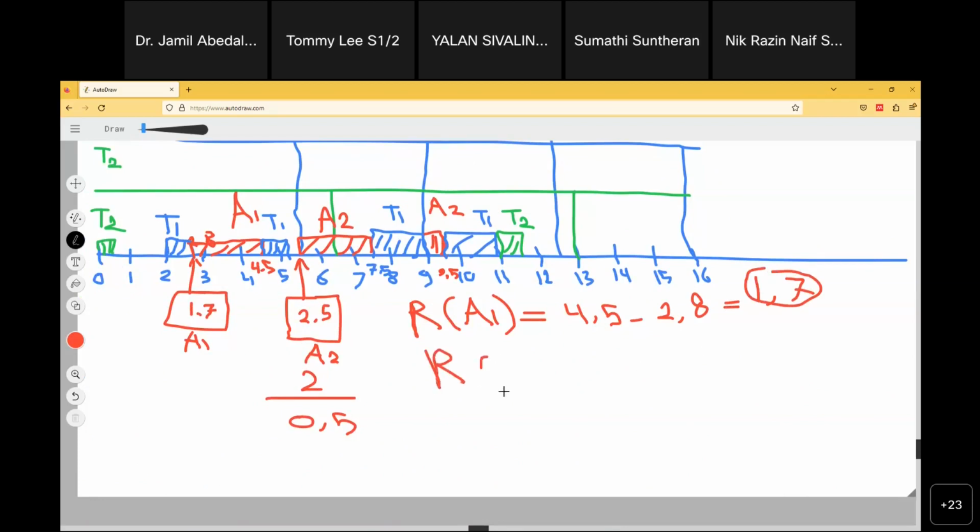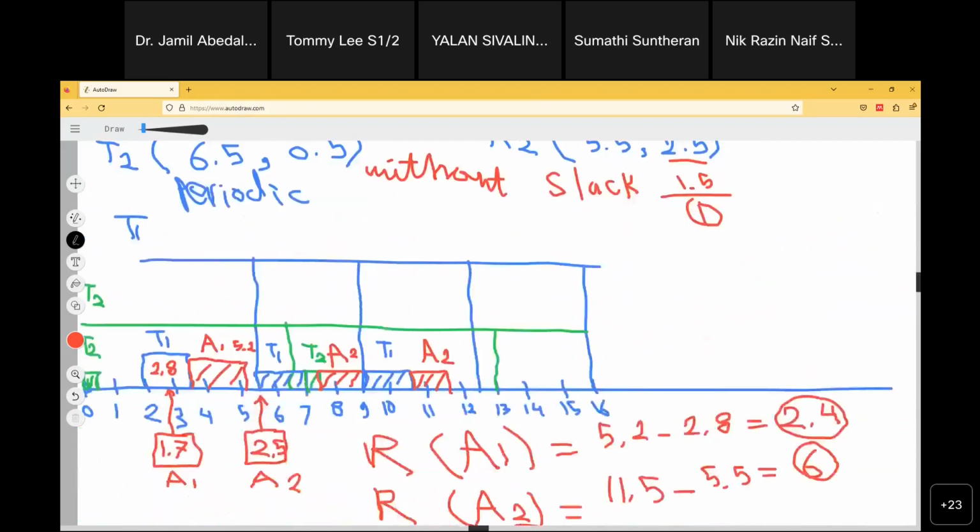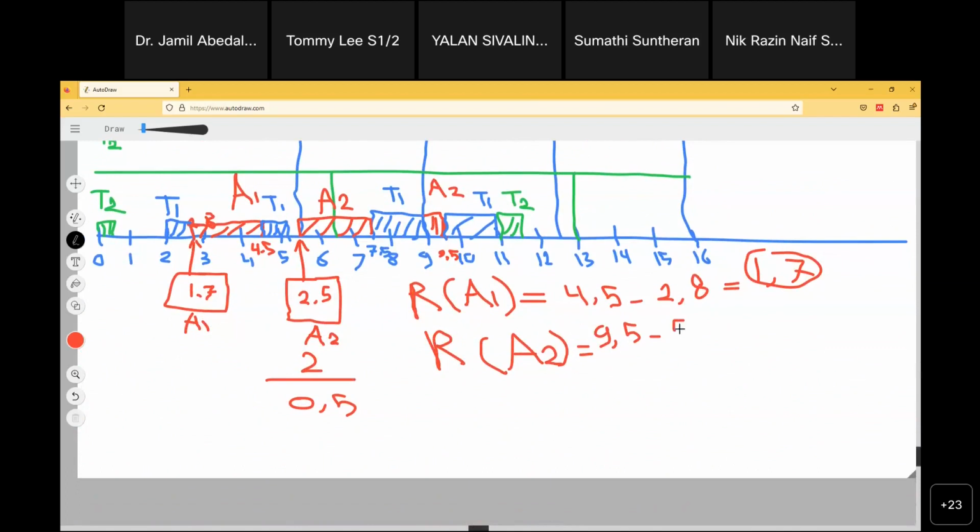Release time of A2 is 5.5, completion time is 9.5, so 9.5 minus 5.5 equals 4.